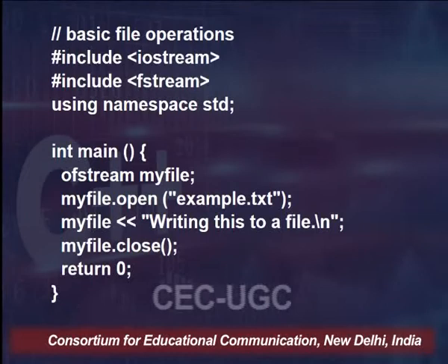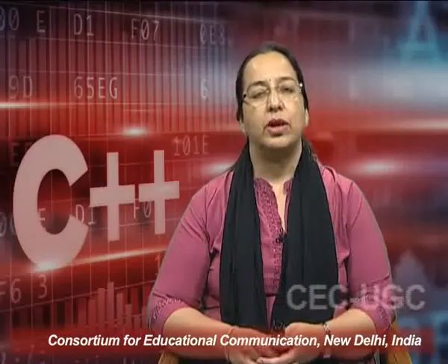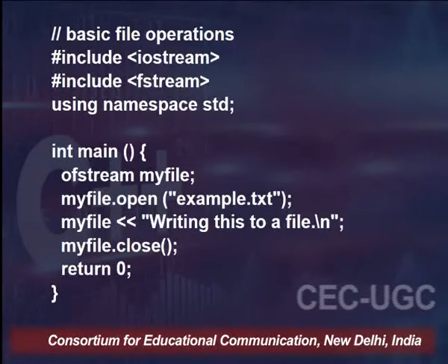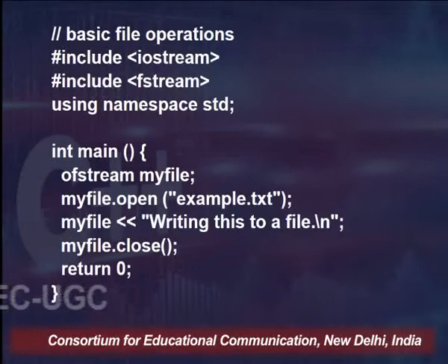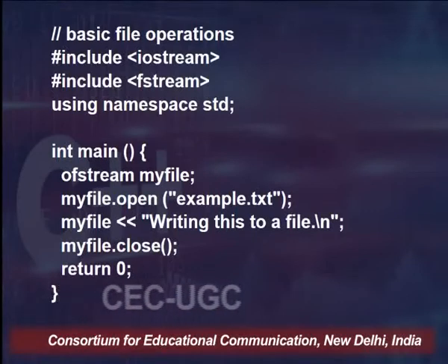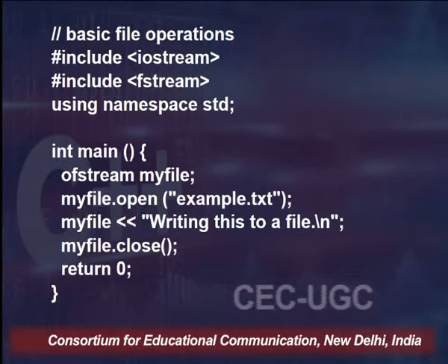And now see what we are doing. We have written myFile, then the insertion operator, which we generally use with cout. So cout and then the stream operator, and then the content. Here instead of cout we are using myFile and the stream insertion operator, writing this to a file with a \n.